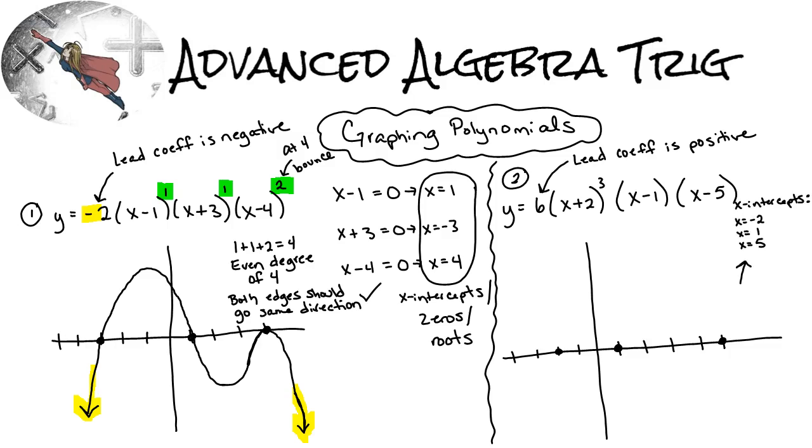Now also, if you look at the exponents, there is this 3 right here. That's a triple root. What that means is that at -2, it will flatten. And I'll show you how that will look.